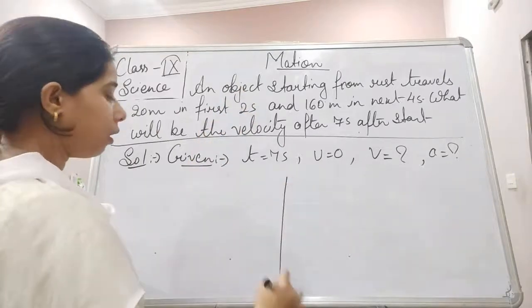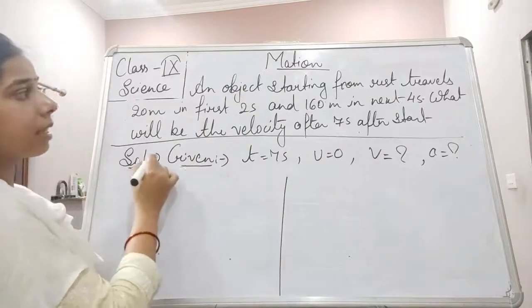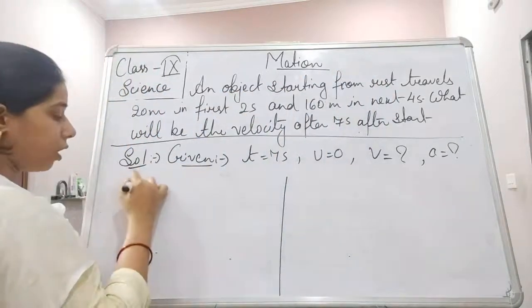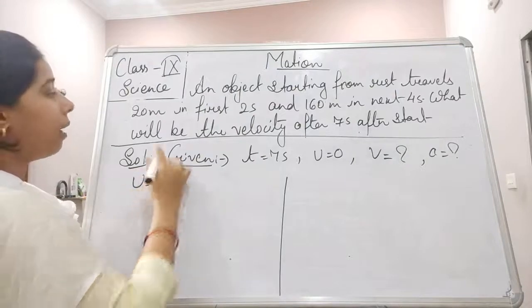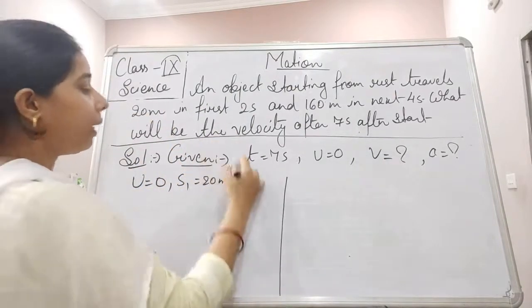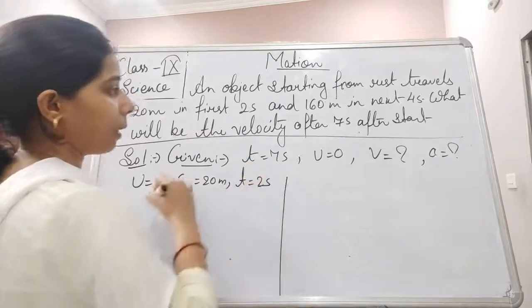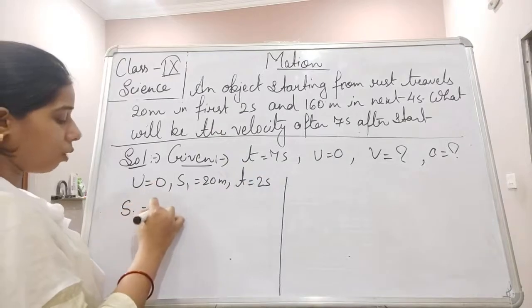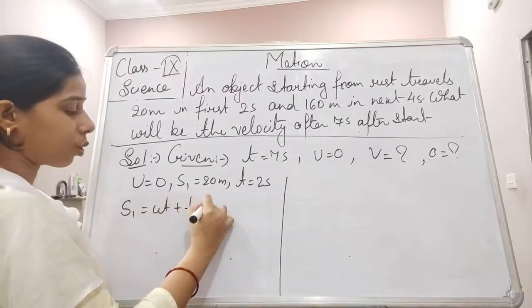If we see the first case, in the first case the object is starting from rest. Again here u is given 0, the distance traveled S1 is given 20 meter and time is given equals to 2 seconds. We are able to get the acceleration, yes. S1 is equals to ut plus half at square.